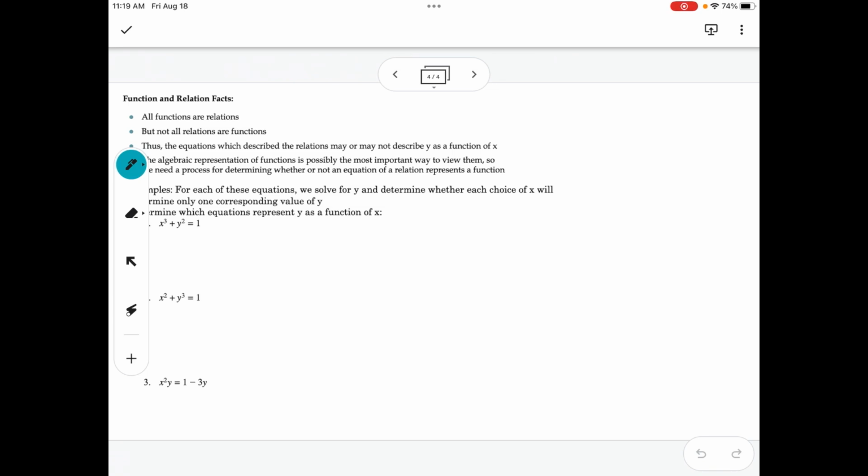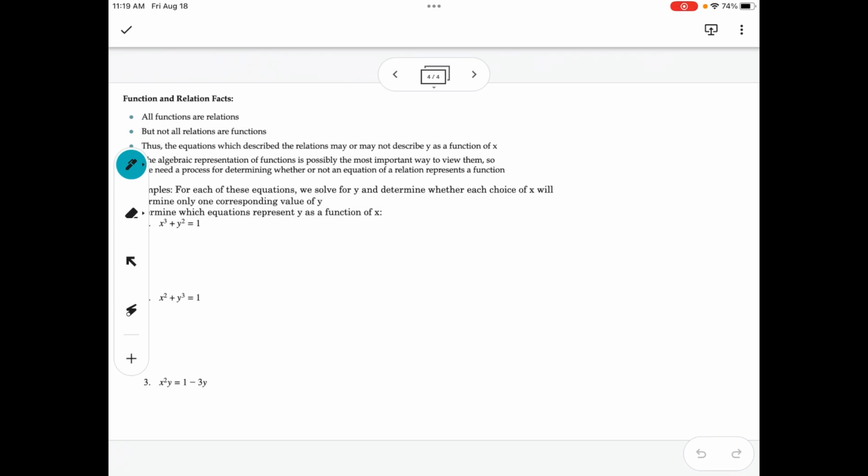So some facts that come up pretty often. All functions are relations because a relation is just a set of ordered pairs. So all functions are just a set of ordered pairs, but not all sets of ordered pairs are functions, just as we noticed here. Not all relations can be functions because they have vertical points that are stacked.